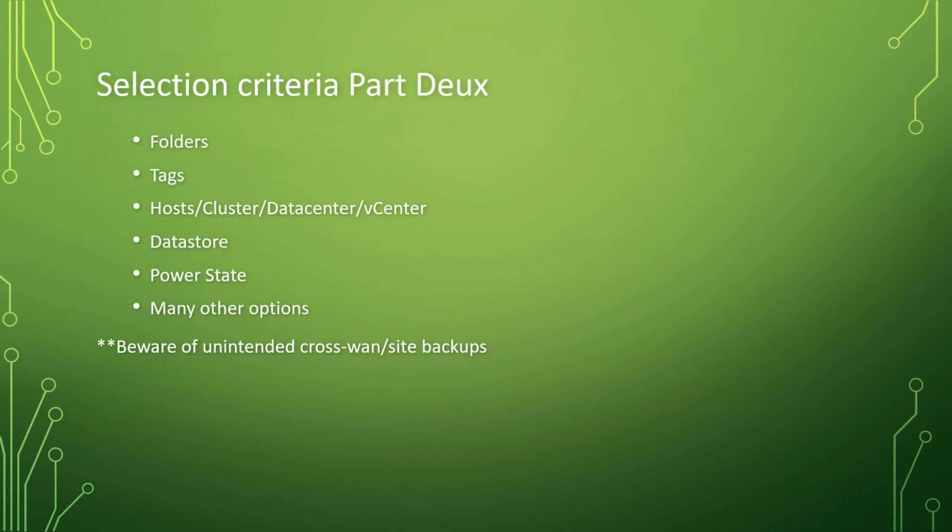The part that you need to be careful of is that if you use a generic term for selection criteria, so if you say create a folder in each of your data centers called backups, and you decide that your query is going to be based on backups, and if that's the only thing you use for selection, then there's a chance that you could actually end up backing up a virtual machine across your WAN if your backup application is able to connect to those devices.